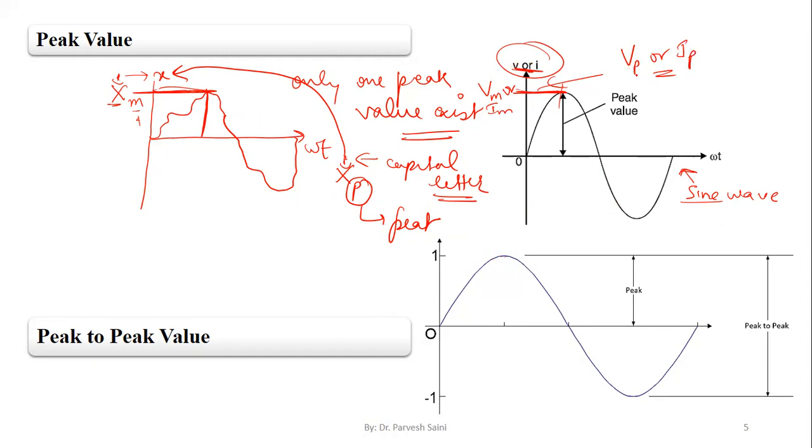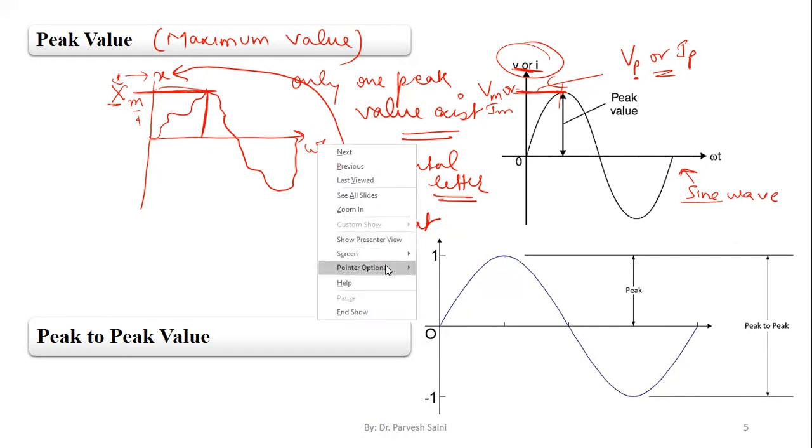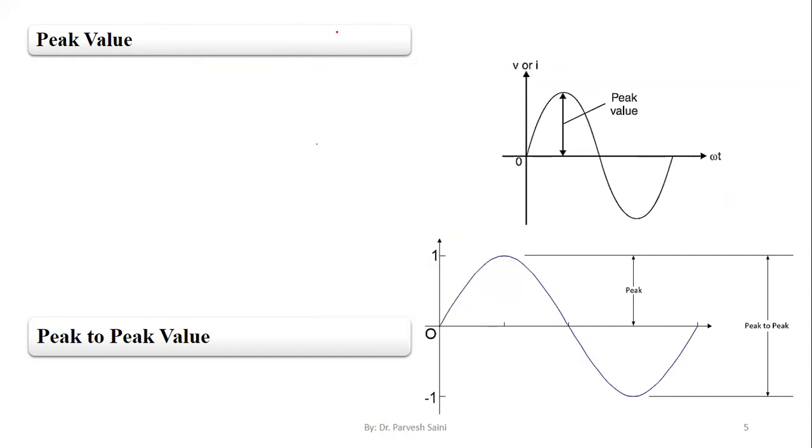Okay, so P is for peak, M is for maximum. So you may have different notations for this peak value or maximum value. We can also term this value as the maximum value of the alternating signal.